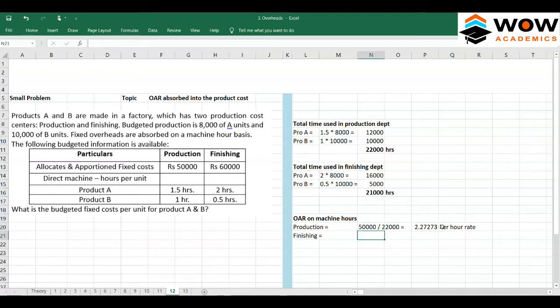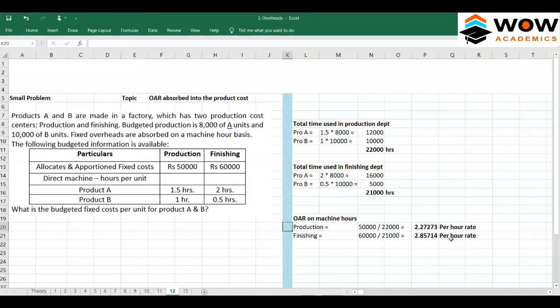We'll also find it for finishing. Finishing is 60,000 is the amount and 21,000 hours are being used. So let's find that rate. So we got the per hour rate for both the departments here.